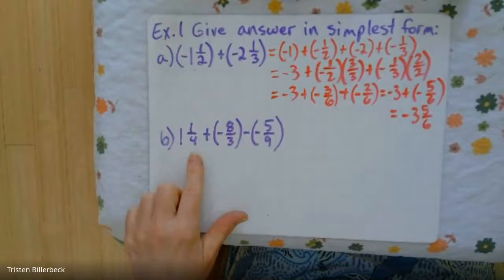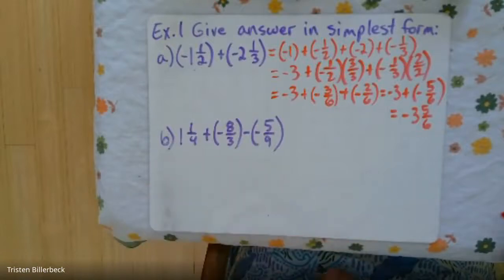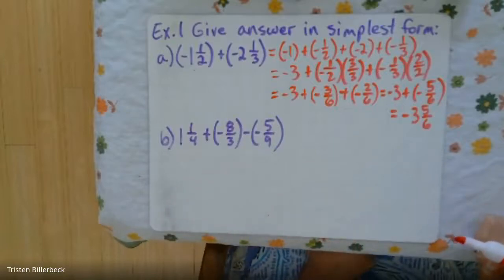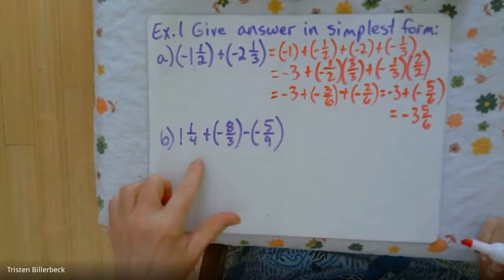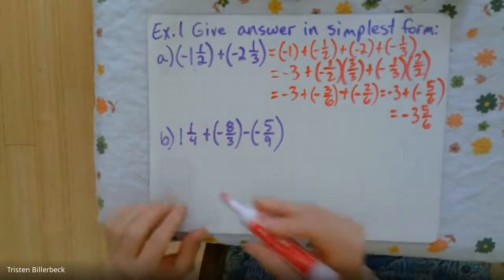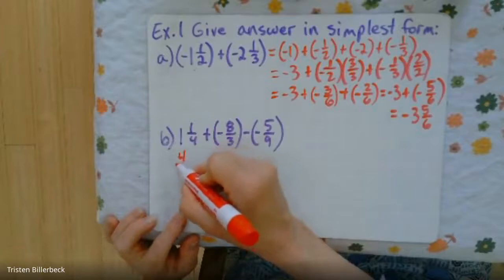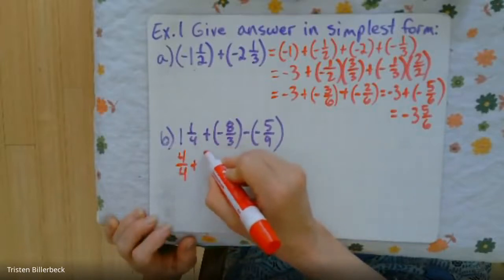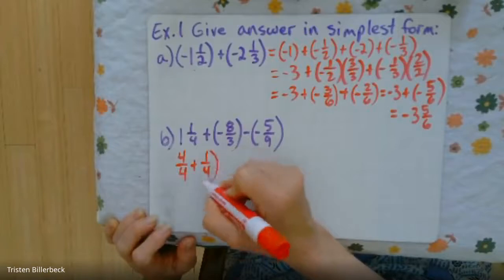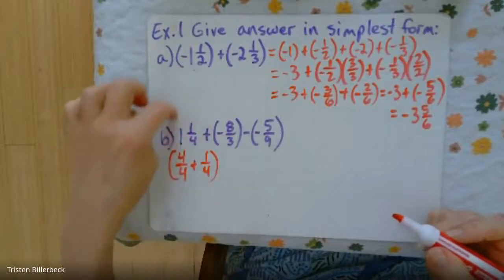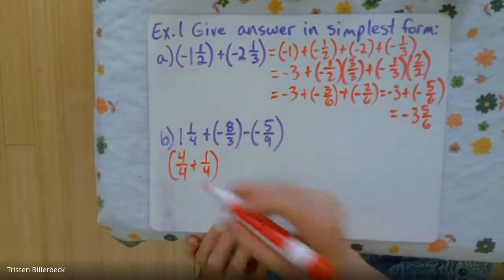Now let's look at this one. Wow, this one's a little more difficult. For this one, let's use the other technique. Let's make this into an improper fraction. If we remember, 4 over 4 is 1, so 1 plus 1/4 is how we do this when we make it an improper fraction.